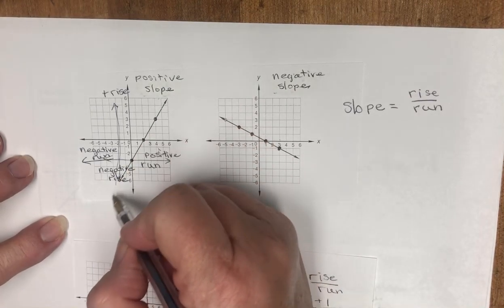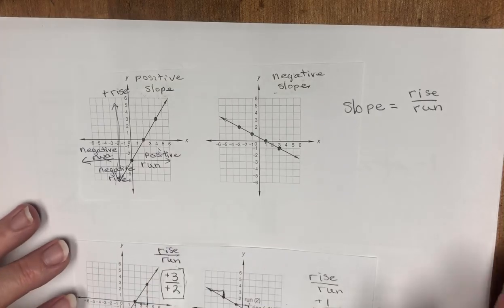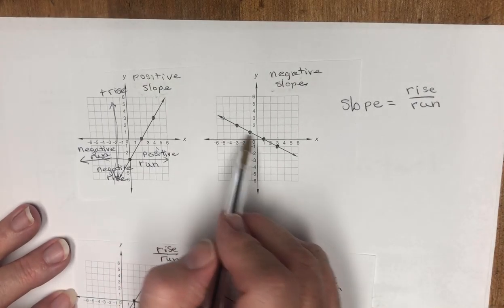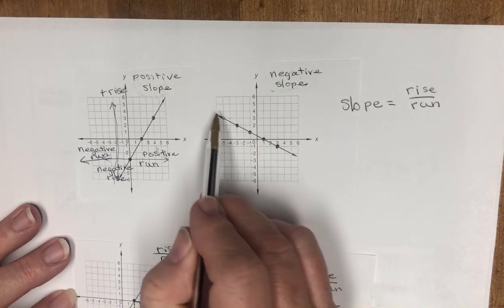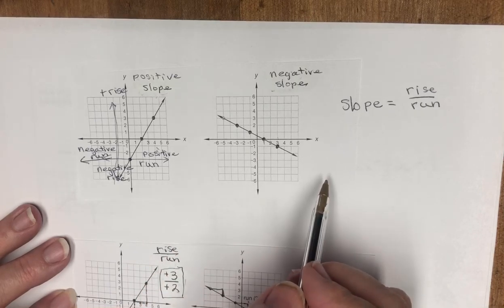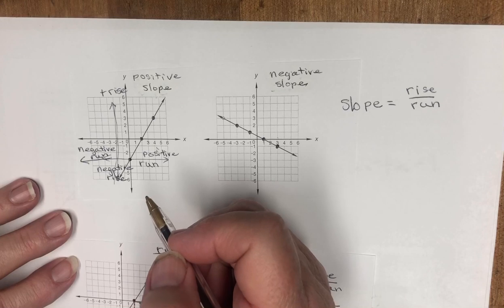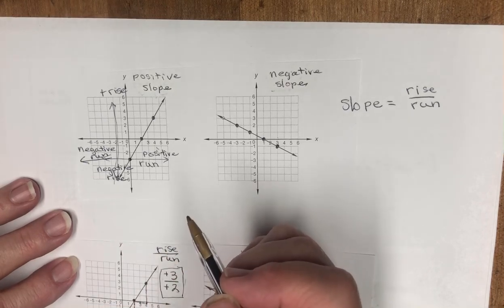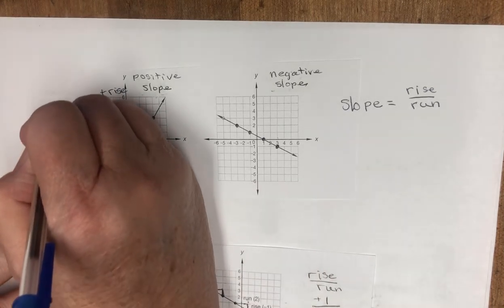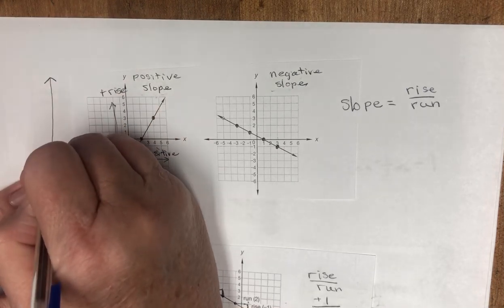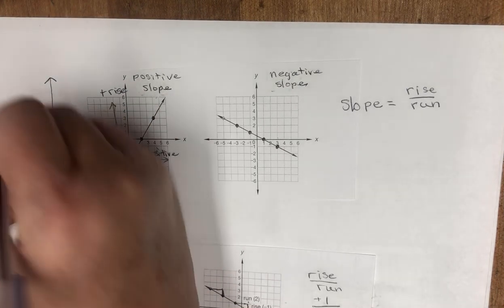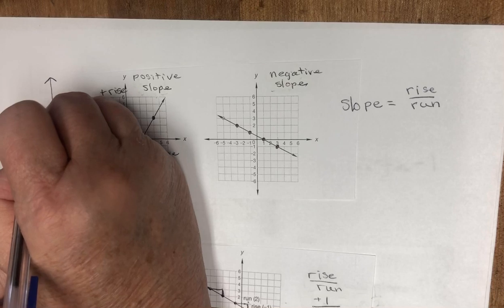This is like riding my bike up the hill, so this is a positive slope. This one is like riding my bike downhill, and so it is a negative slope. Now, we have to determine rise and run. We think of a rise, everything is a rise. Well, this is a positive rise.